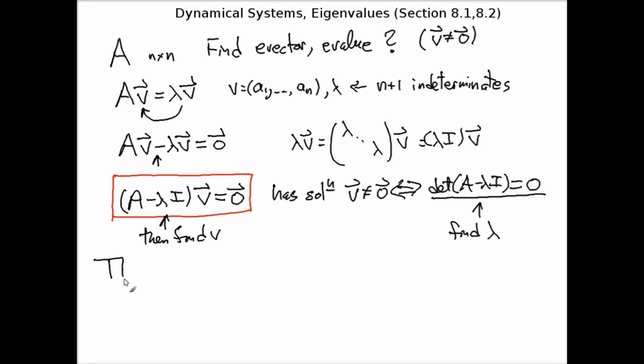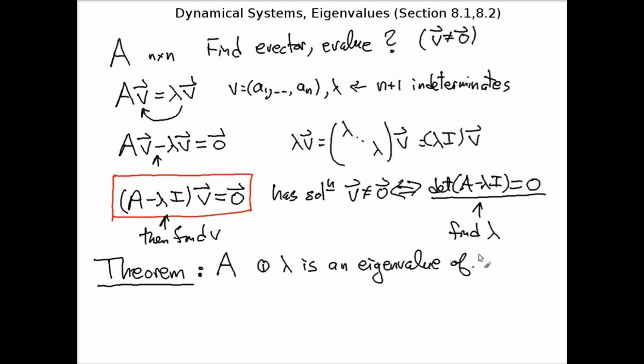So that's basically the big theorem from this section. And this is really an extremely important theorem in linear algebra. If you have a matrix A, then the first statement is that lambda is an eigenvalue of A if and only if the determinant of this matrix is 0.